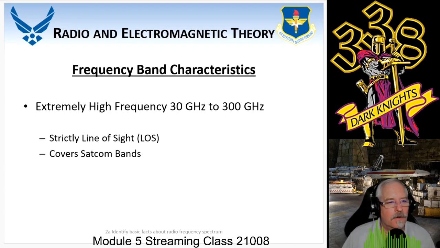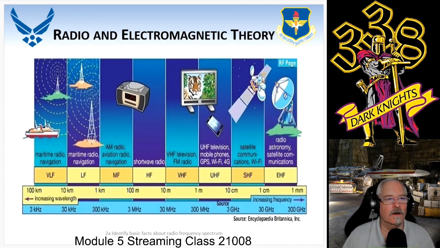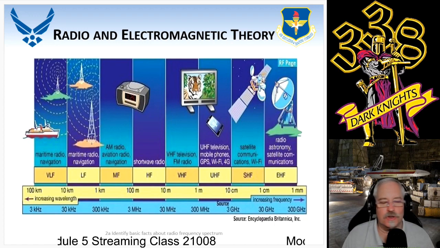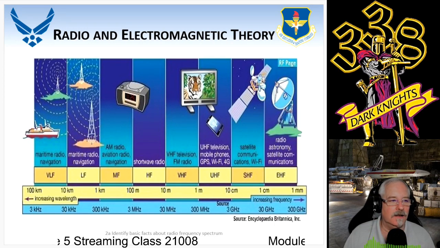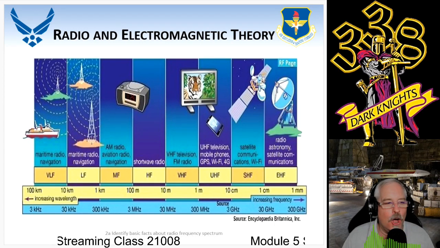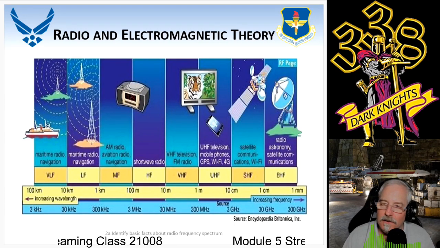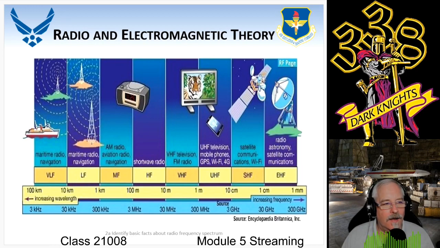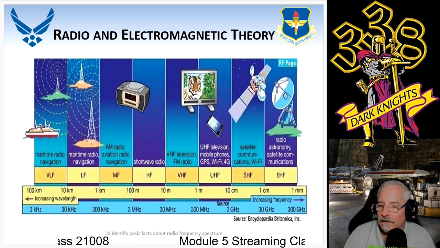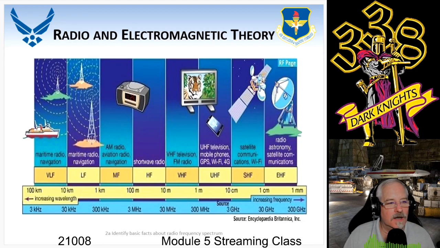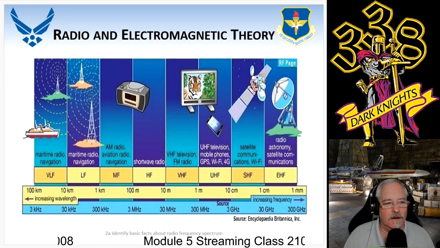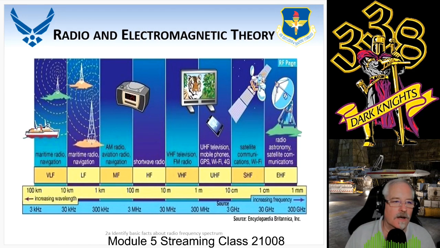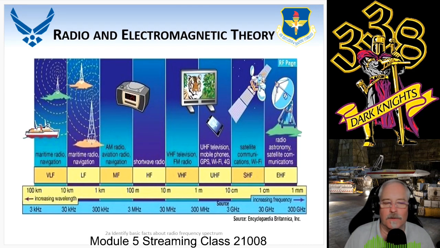Now, there are plenty of electromagnetic charts. This gives you an idea. Your VLF, that's very low frequency. We do use that, but that's more along the lines of the Navy. Then you have the low frequency, your AM signals, getting into the medium frequency, your shortwave radio like the HF, the VHF television, FM radio.